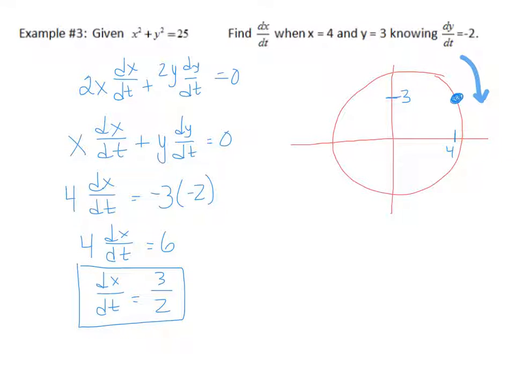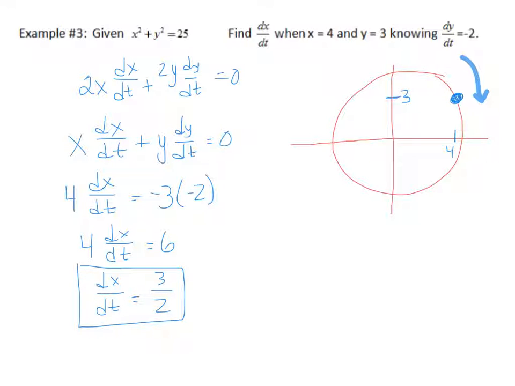And you know that y is decreasing because dy dt is -2. So we're actually decreasing the y value as x is getting bigger, which with dy dt being -2, you would know that as you move down your circle, the x value has to get bigger, so dx dt would have to be a positive value.